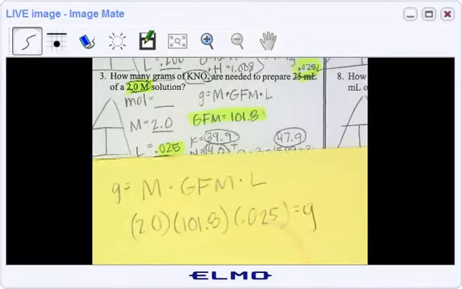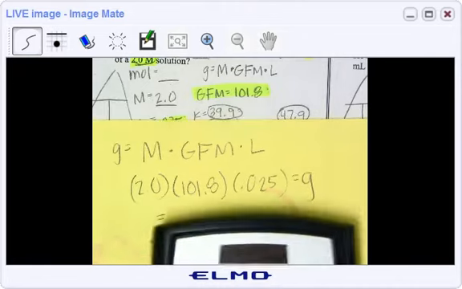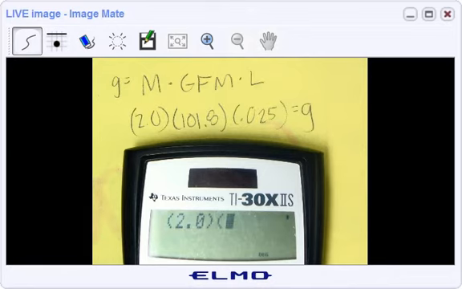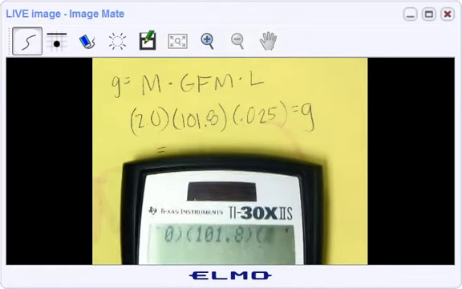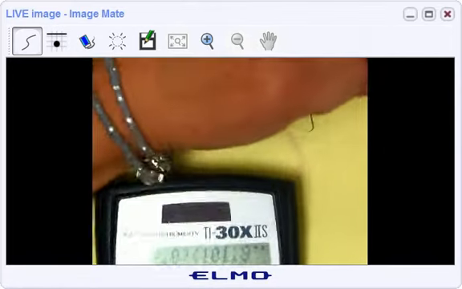All I have to do is type that into the calculator to get my answer. 5.09 grams.